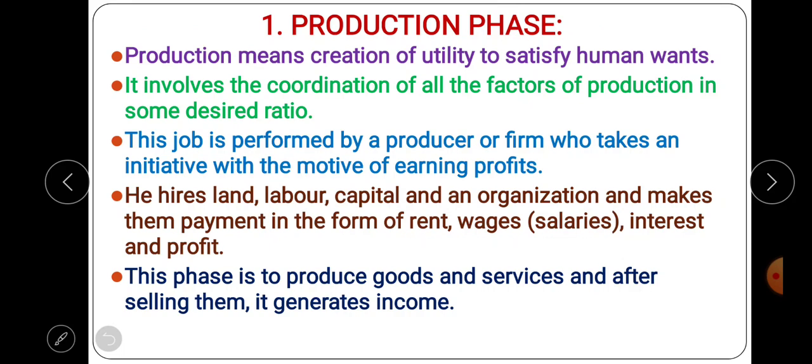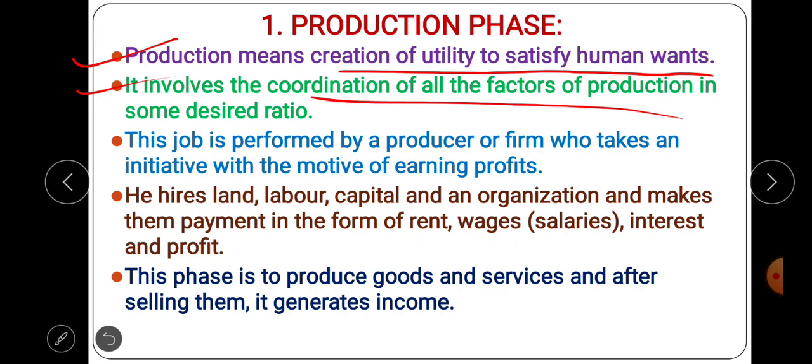In the production phase, production means the creation of utility to satisfy human wants. Okay, here we are going to produce the different goods and services in the production phase. So it involves the coordination of all the factors of production in some desired ratio. Okay, and this job is performed by the producer or the firm who takes the initiative with the motive of earning profits.